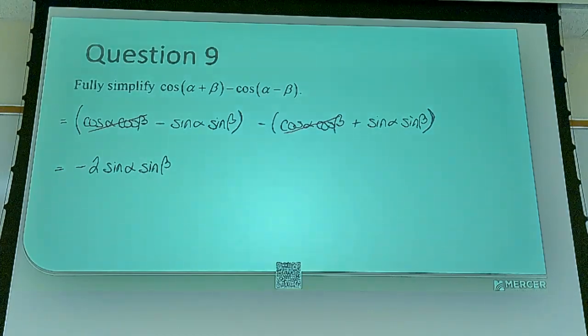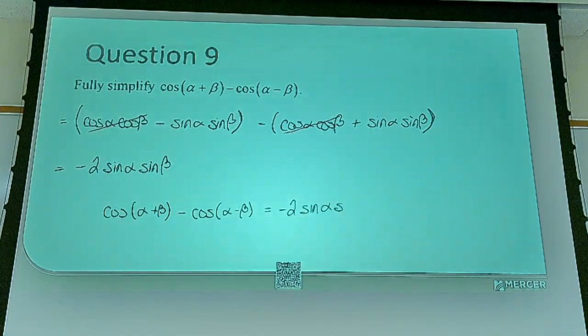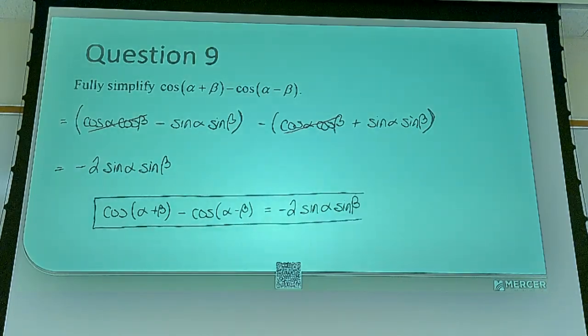Once again, that's now an established identity. So again, that would be an identity you would now be able to use.